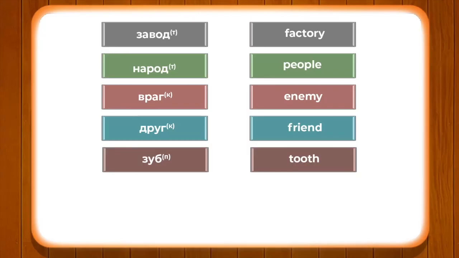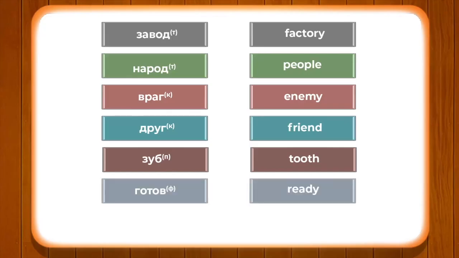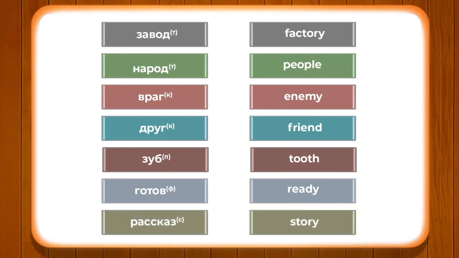Then the sound of ve changing into f, gatof. So, the sound of f is coming. Likewise, the sound of z is changing into s. How? Let us see. Raskas. These are very minute sound structures which you need to pay attention to, and with a lot of practice, I am sure that you would master all these concepts of voicing and devoicing of consonants.